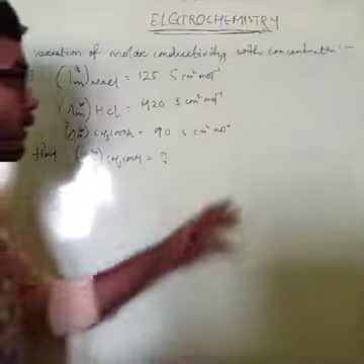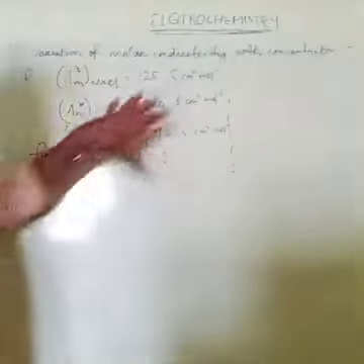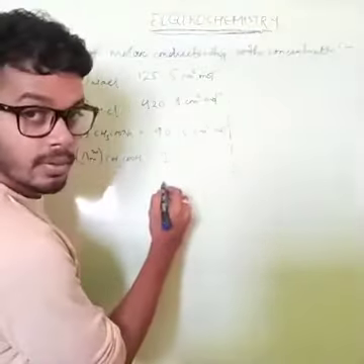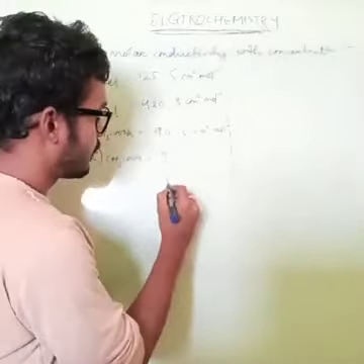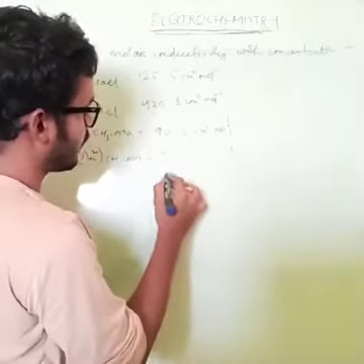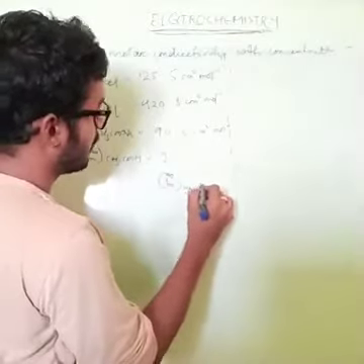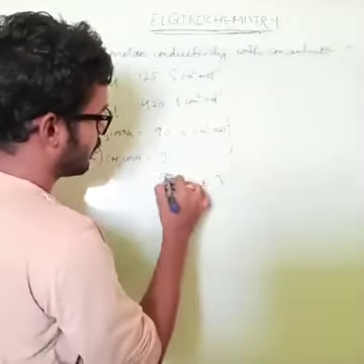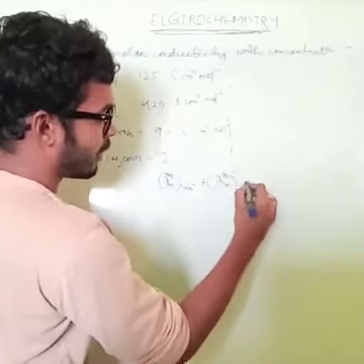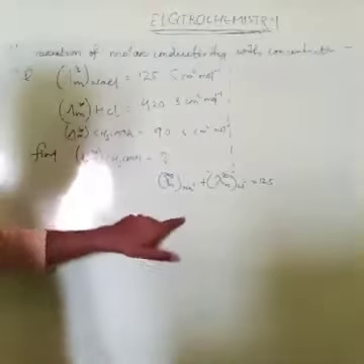Okay. So this is what is given. NaCl. According to Kohlrausch's law, NaCl means lambda m at infinite dilution of Na plus plus lambda m at infinite dilution of Cl minus, which equals 125. Yes or no? Yes.